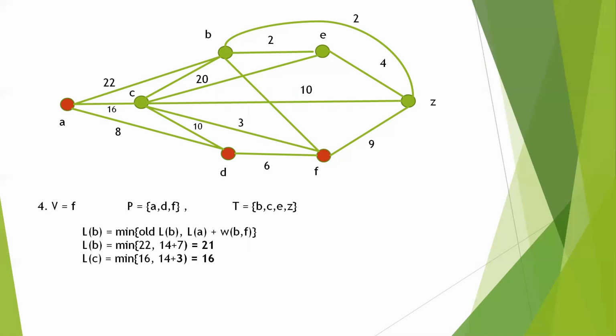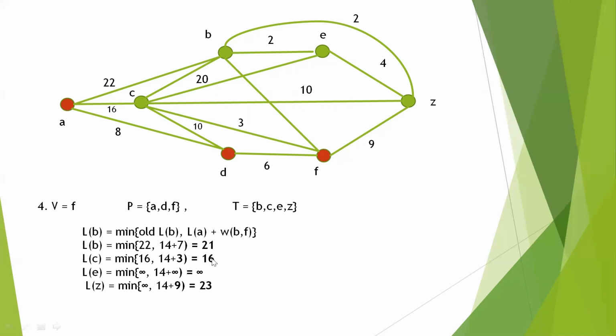If we calculate load of C, it is equal to 16. Load of E is infinity because F is not directly connected to E, and the load of Z equals 23.